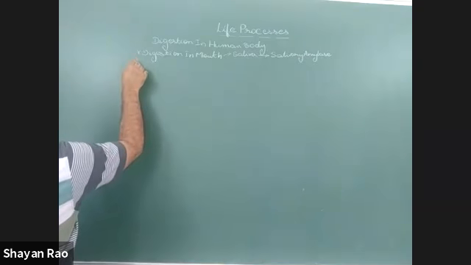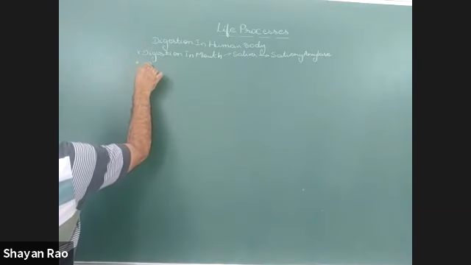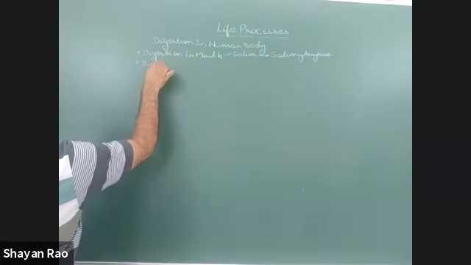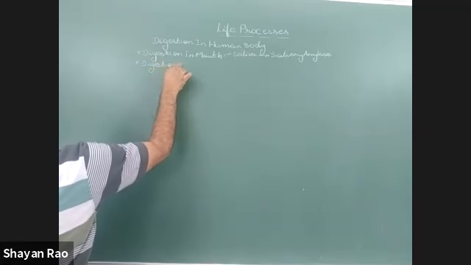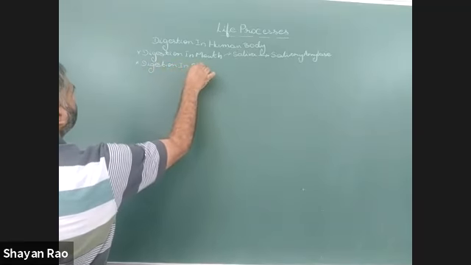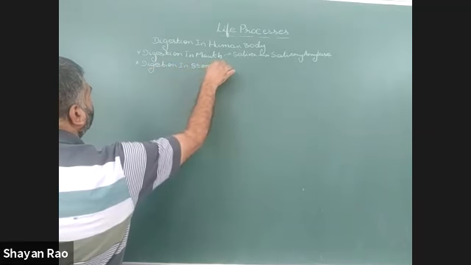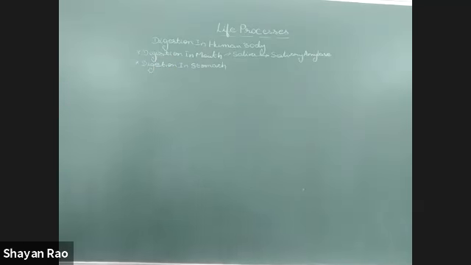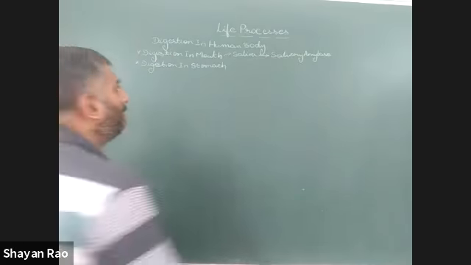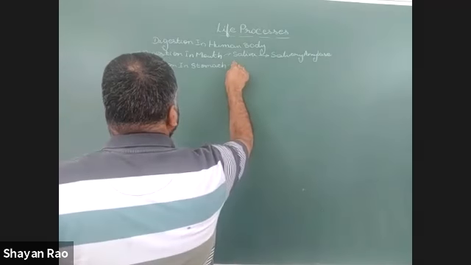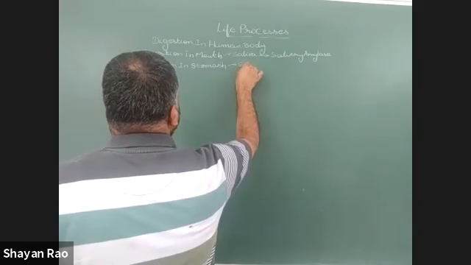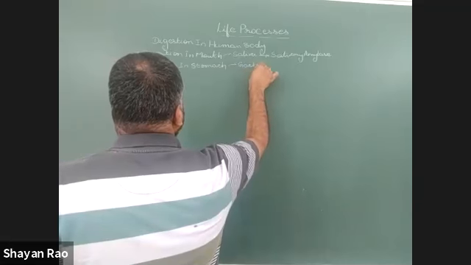Then after that, we understood about digestion in the stomach. With respect to the activity of digestion which takes place in the stomach, we understood that it is going to have presence of gastric gland.